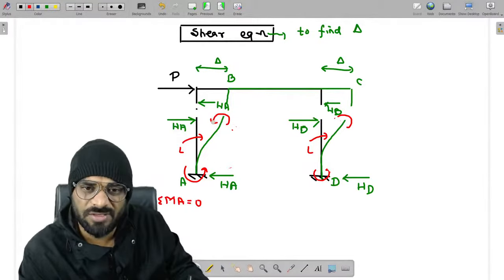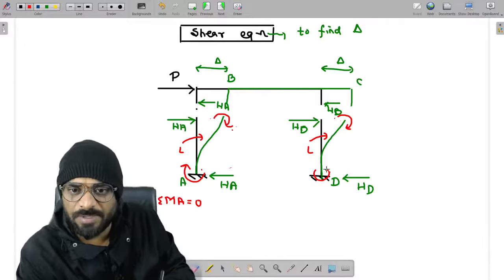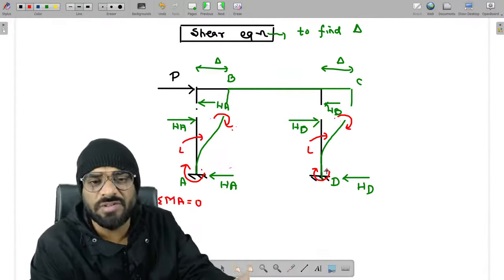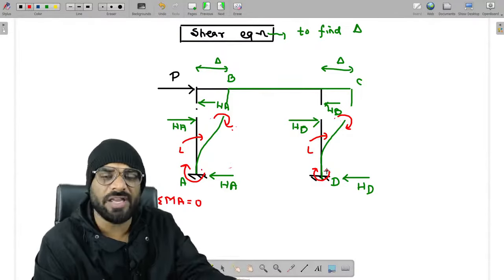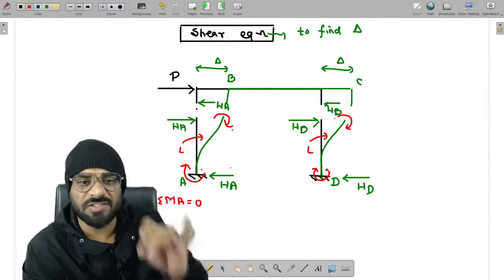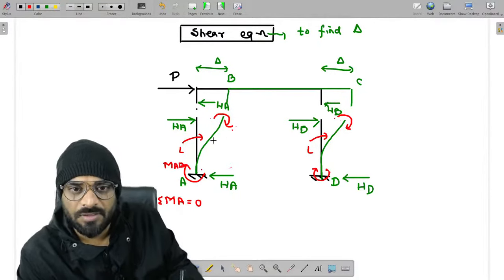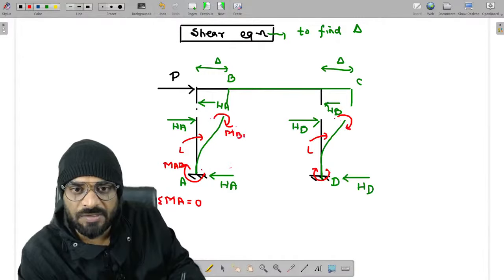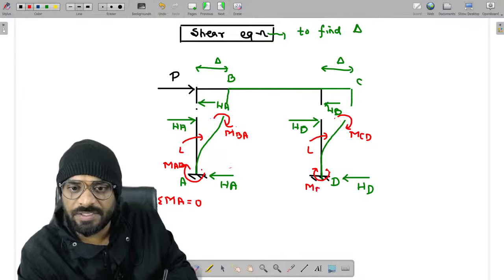Kindly use the same principle so that you will not get confused. Let's apply the clockwise moment, because after solving the question you will get the sign of the moment according to its actual direction, right? But in the initial condition we'll consider it clockwise in nature. So this is MAB and this one is MBA, this one is MCD and this one is MDC.